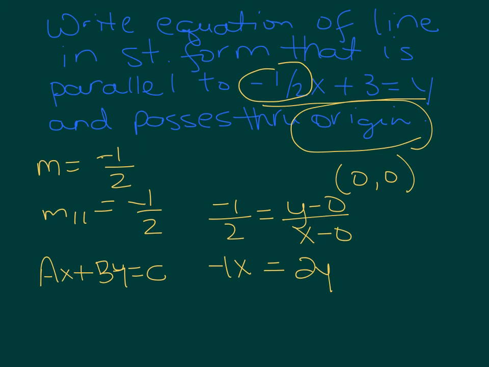Now to get this in the form of standard form, I've got to subtract 2y from both sides. And I get the answer of negative 1x minus 2y equals 0. But again, that is not in standard form because a is negative. So I'm going to divide everything by negative 1. And we get the answer of x plus 2y equals 0.